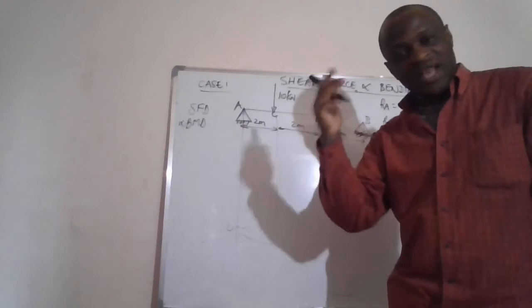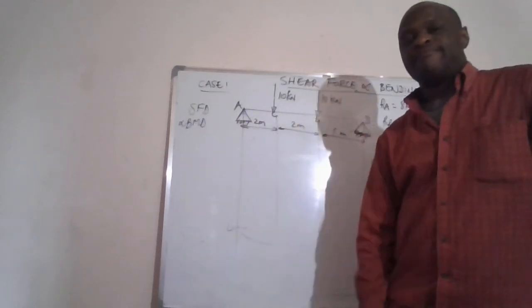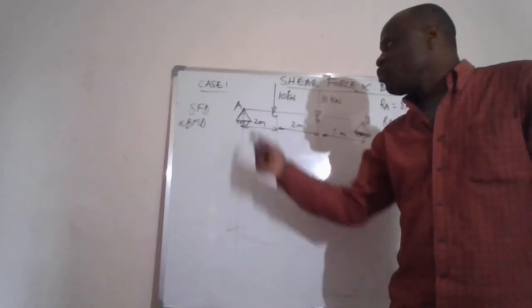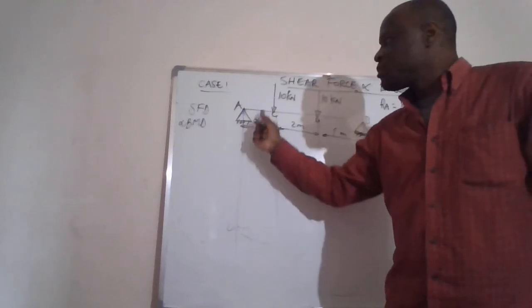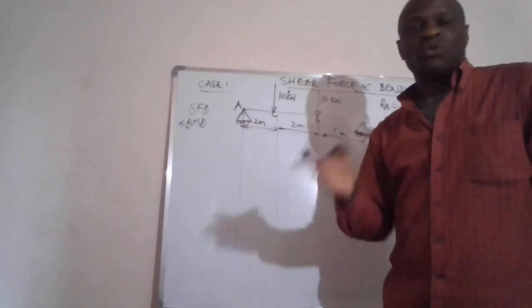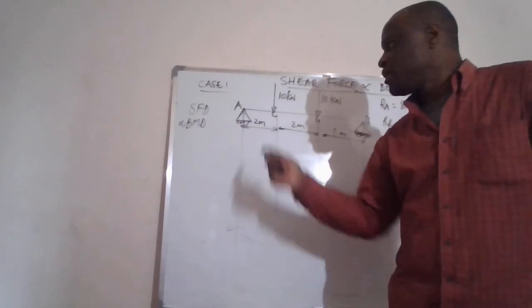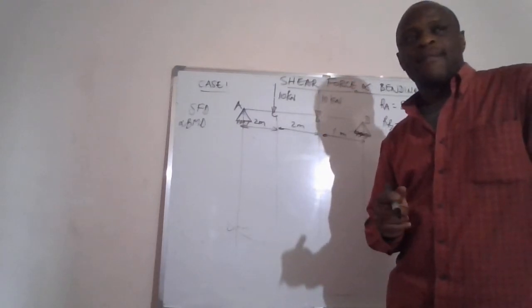The load can be a live load or distributed load, UVL or UDL. And how do we know that this section of the beam will be exposed to a very high or small shear force or bending moment? It is by drawing the bending moment and the shear force diagram.